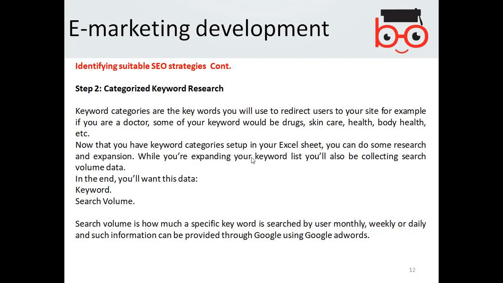So we are going into the details of SEO. You know your audience, then you know your keywords, and you should know your search volume, that is, how much your keyword is searched overall in the search engine.